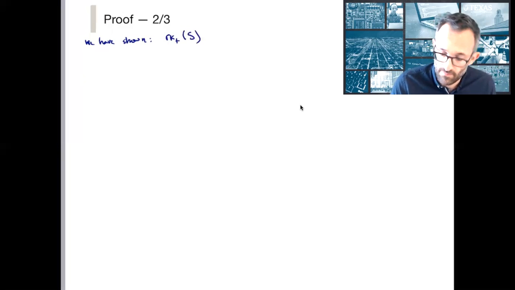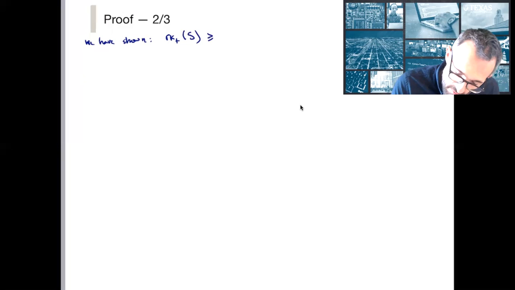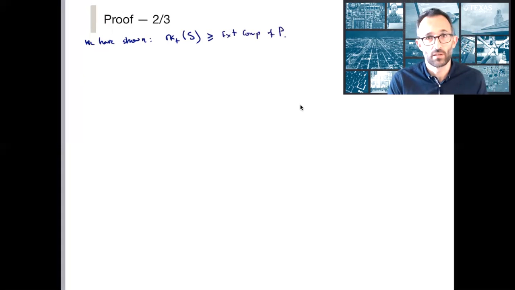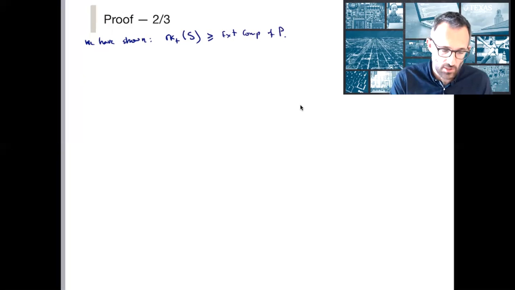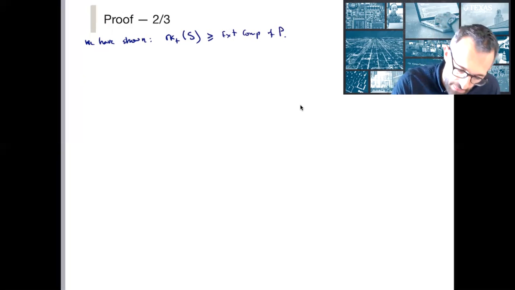We have shown that the non-negative rank of S is no less than the minimum extension complexity of P, because given a factorization, we can always build an extension. So now let's show the other side.